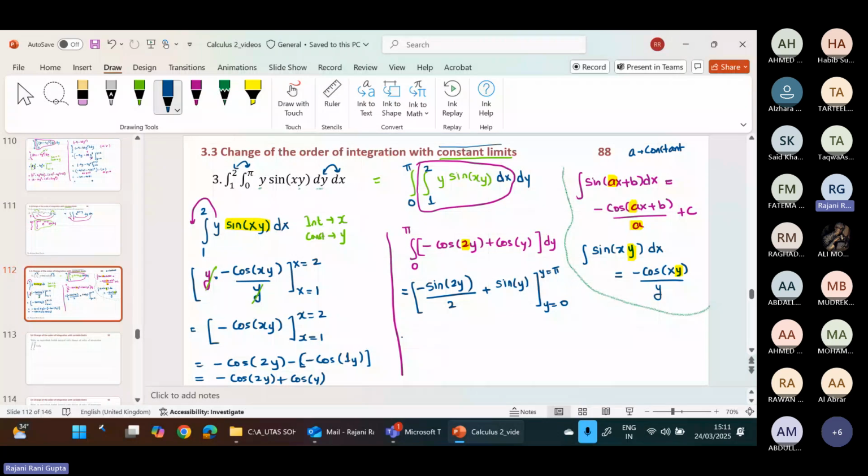So after that, you just substitute here: sine of 2 pi over 2 plus sine of pi, minus sine of 0 over 2 plus sine of 0. These are the limits at y equal to pi, and these are the limits at y equal to 0.